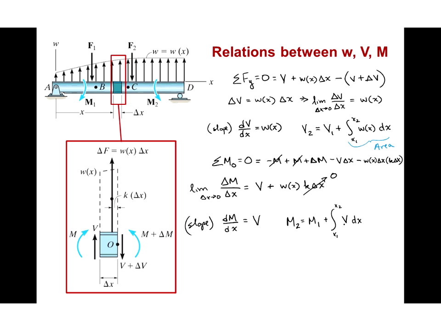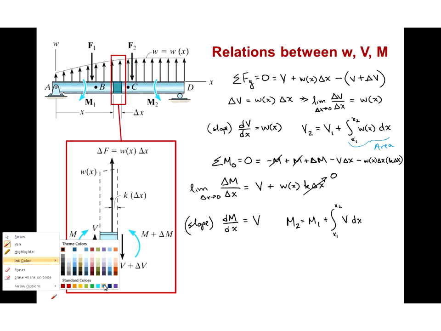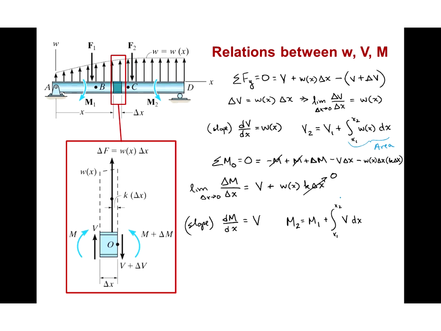So in other words, if we integrate the shear force from point x1 to point x2 and then add that on to whatever the bending moment is at point x1, that will tell us what the bending moment will be at point x2. And again, note that that integral just represents the area under the shear force curve.